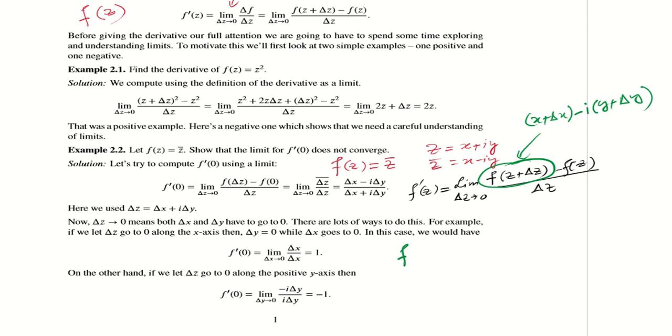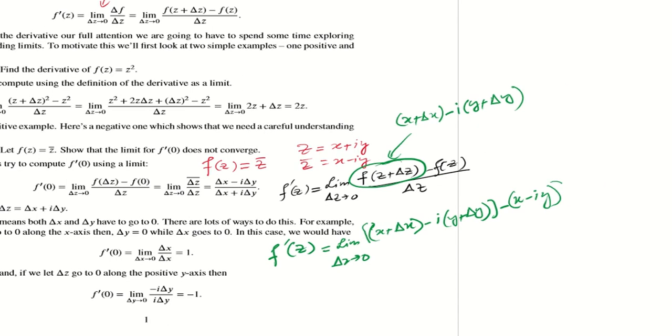So we have f prime of z equal to the limit of delta z approaching 0 of x plus delta x minus iota y plus delta y, minus the original x minus iota y, divided by delta x plus iota delta y.